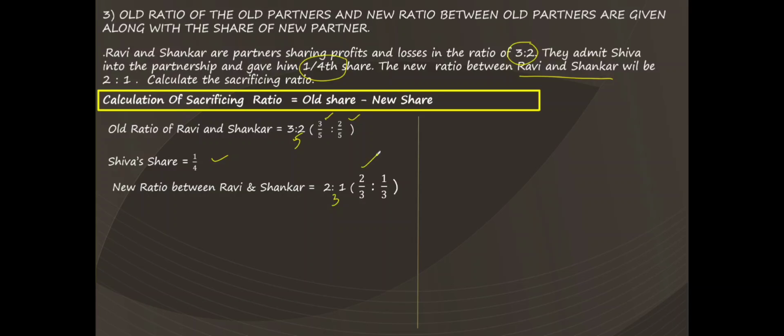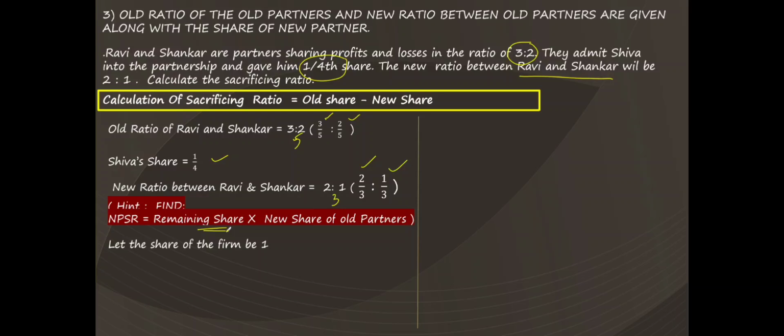So this ratio is given particularly to share the remaining share of the old partners. So first we have to find the new profit sharing ratio, that is equal to remaining share into new share of the old partners. According to this, we have to calculate the remaining share first. Let the share of the firm be equal to 1.